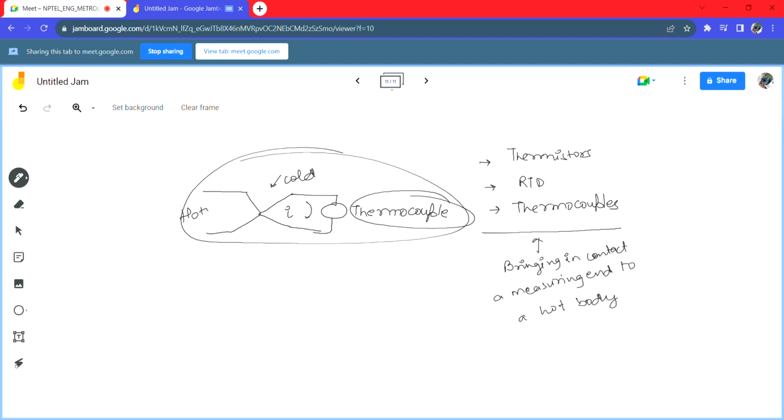So let us say what is happening here is I have a plate whose temperature, let's say it is on flame, and we bring in contact all the three, be it a thermistor, be it an RTD, or be it a thermocouple.